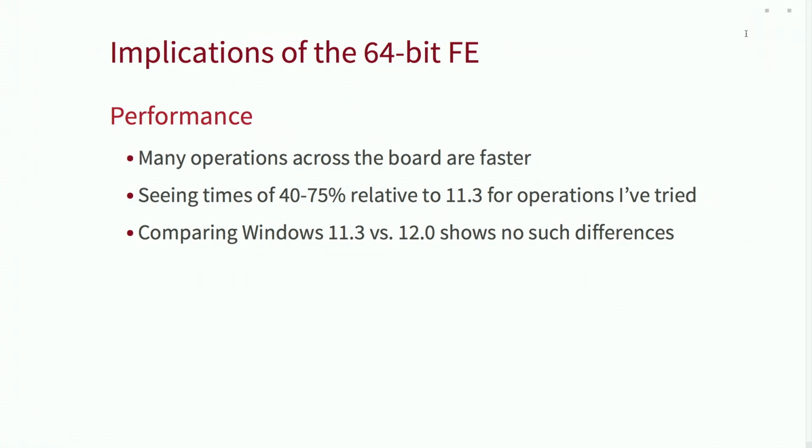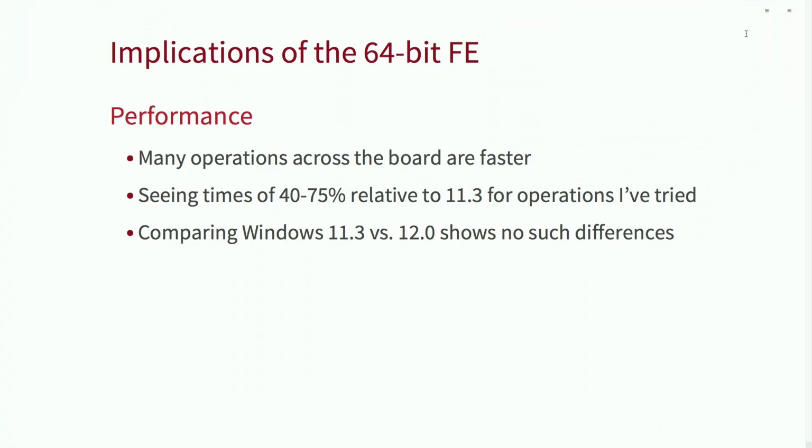In fact, I kind of doubted this at first. So then I went over to my Windows machine and I tried 11.3 versus 12, with all the same operations that I had just done on my Mac. And the times were so close as to not be sufficiently different.